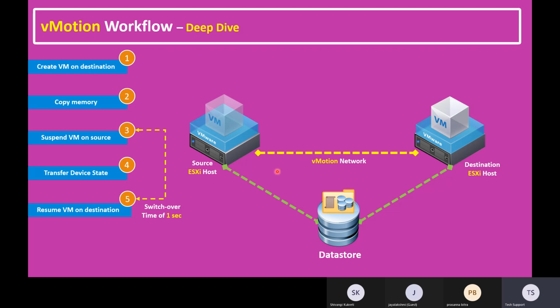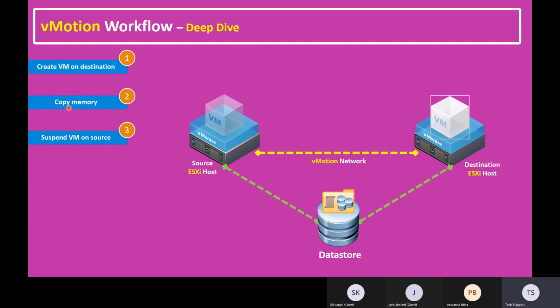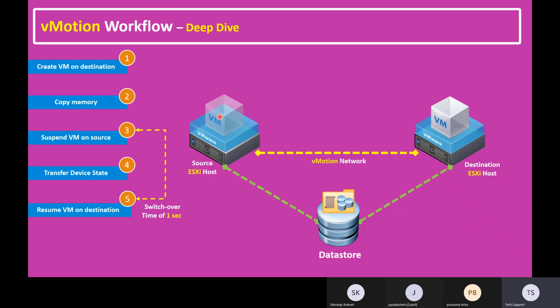But in the backend process, whenever any interviewer asks the deep dive question, that time you can explain. Initially, it will start copying the memory file. Whenever we initiate the virtual machine migration, first it will start copying the memory from source to destination, then suspend the VM on the source, transfer the virtual machine device state, and finally resume the VM on the destination.